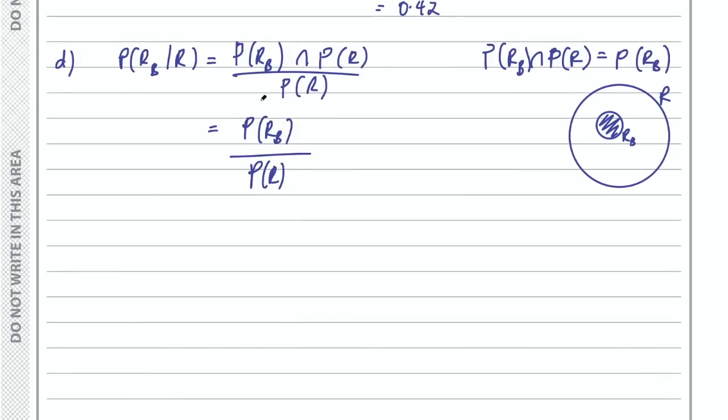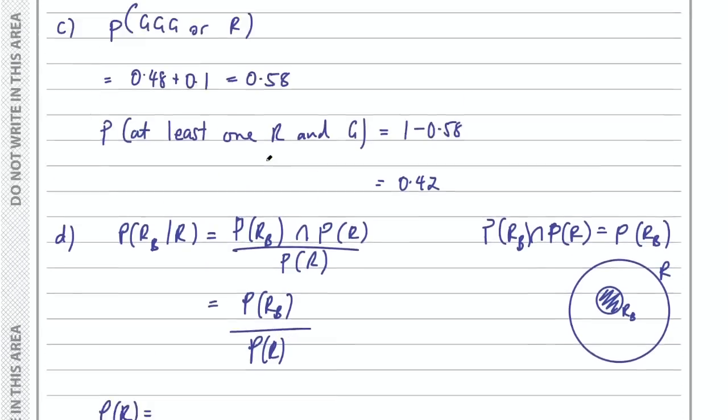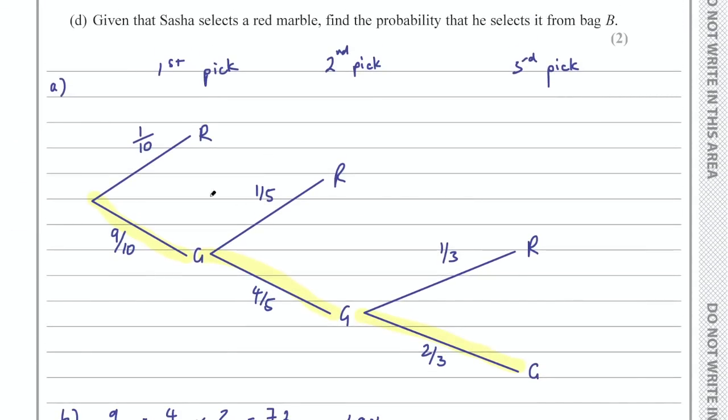So for this probability, we want to work out the probability of getting a red marble, and then the probability of getting the red marble from bag B, and then divide them. The probability of a red marble is going to be all of these branches added together.